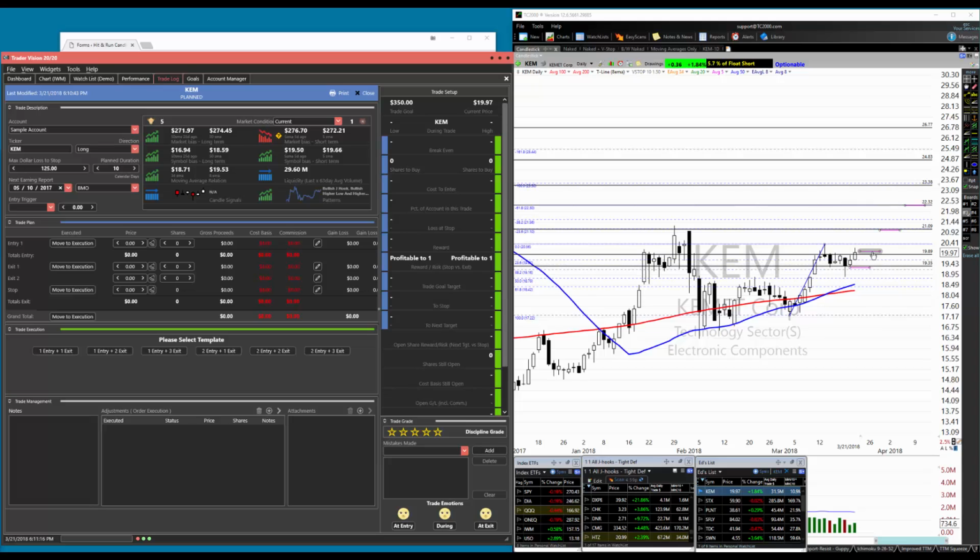Okay, so with our entry here at 20.04 and a stop down here about 19.30, and a first target of, let's call it, 21.05, and a second target of 22.25.